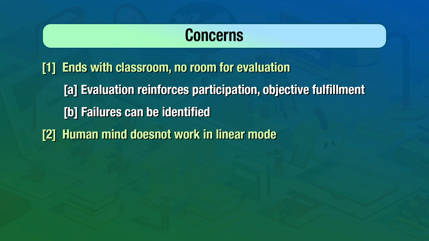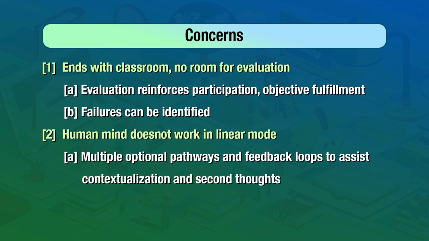The second concern in following such a linear model of materials production is that the human mind does not work in a linear fashion while trying to find solutions to problems. While trying to decide on what form of language exercise to be used in the classroom, we may generate spontaneous and multiple second thoughts along with the thoughts about contextualization and so on.